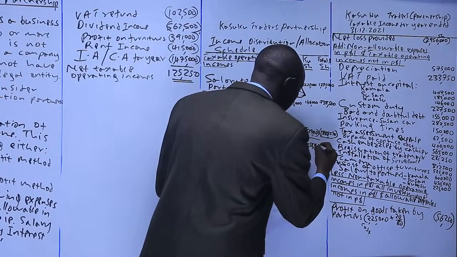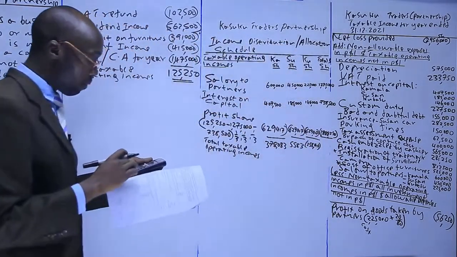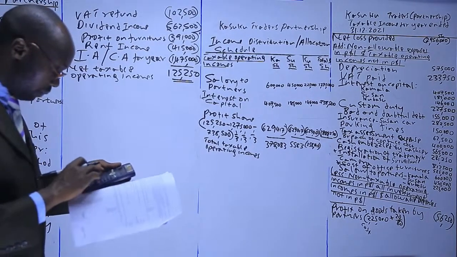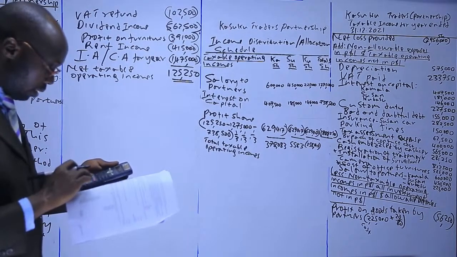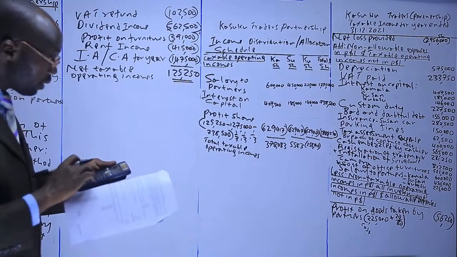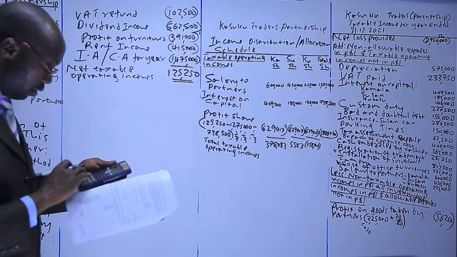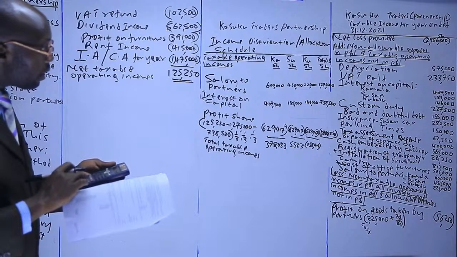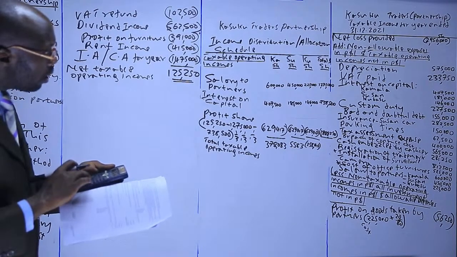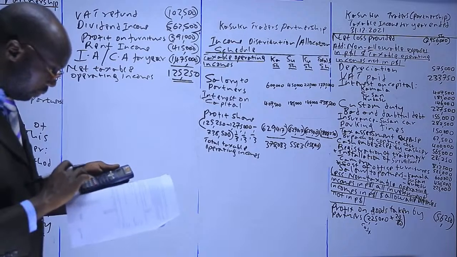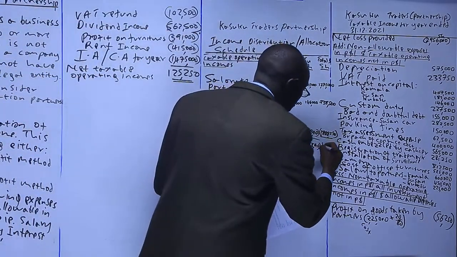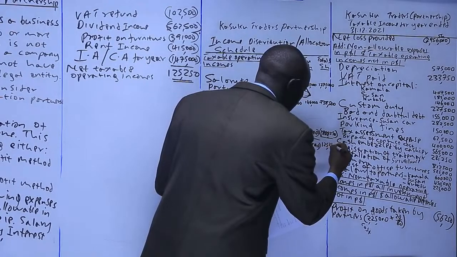Then now we get the total, which would be 1,275,000, and then we add 738,500, and then we minus 1,888,250, which gives us 125,250.